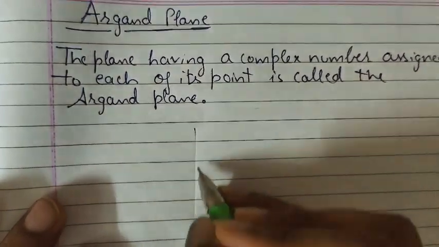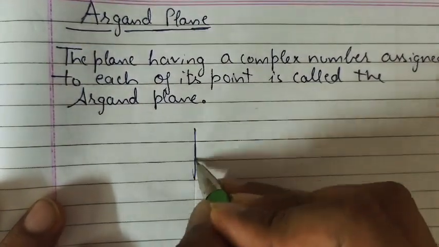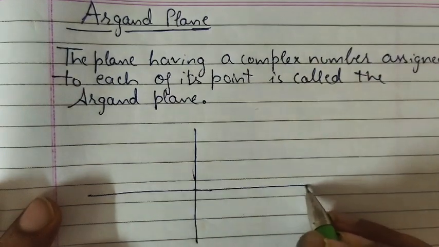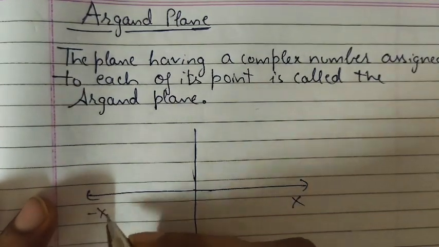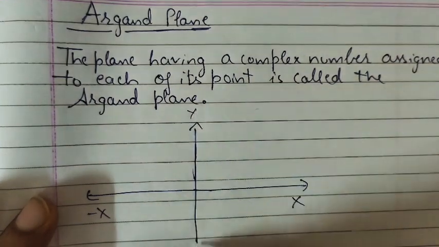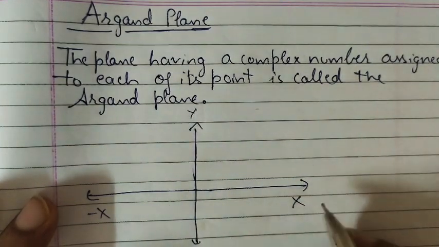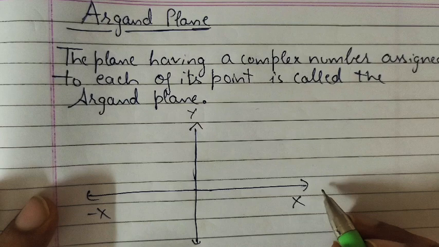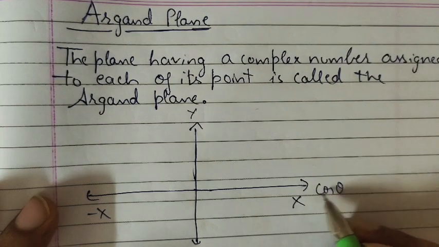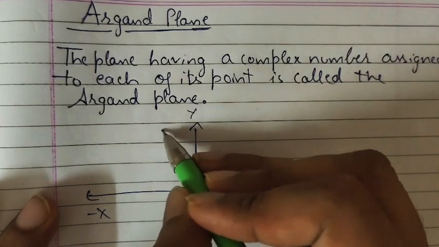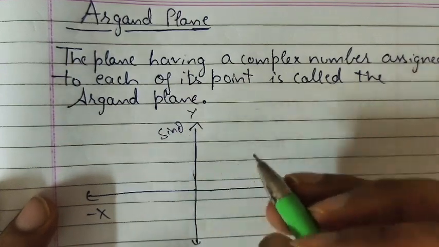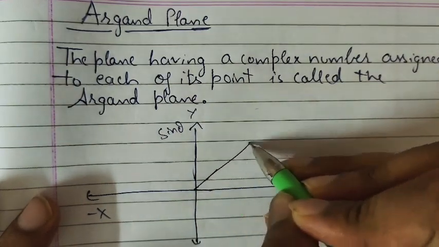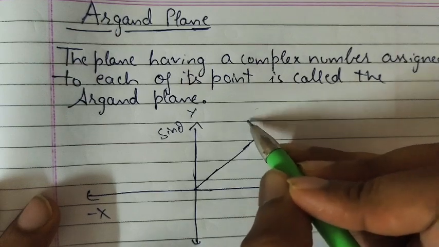If we talk about a two-dimensional plane, we have these two axes, x'x and y'y. This is the x-axis, where we take cos theta, and this is the y-axis, where values will take sine theta. So suppose this is that complex number z.